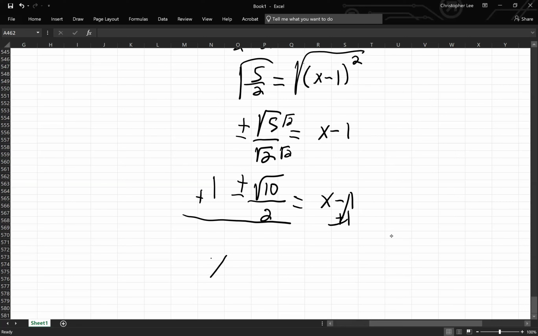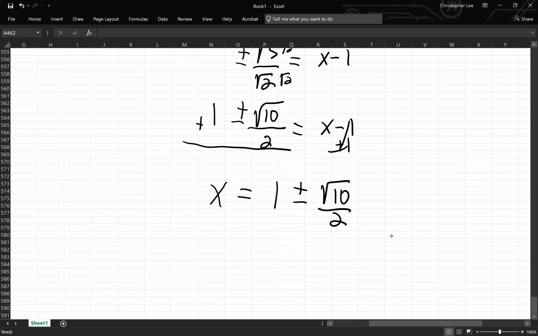I have x is equal to 1 plus or minus square root 10 over 2, all right? That's simple. If you want, you can condense this a little bit, maybe put it under the same denominator. You could make it possibly (2 plus or minus square root 10) over 2. That works as well, right?